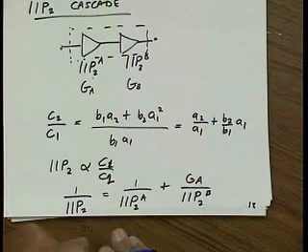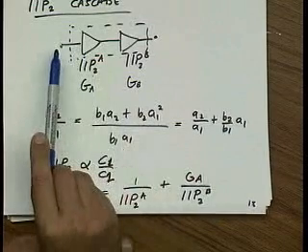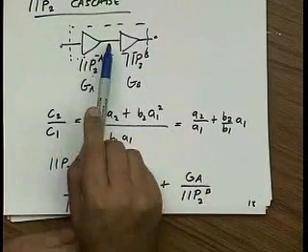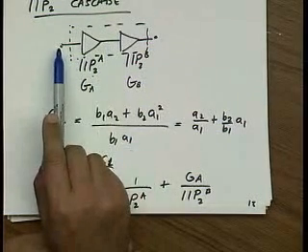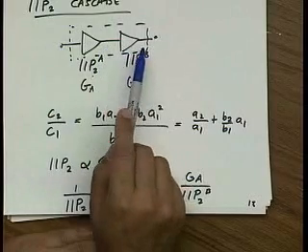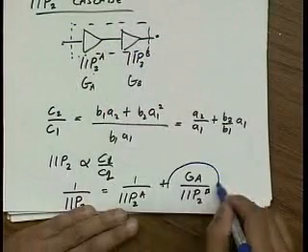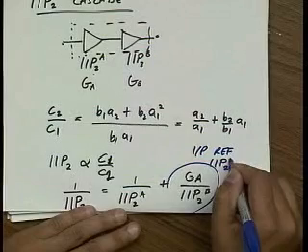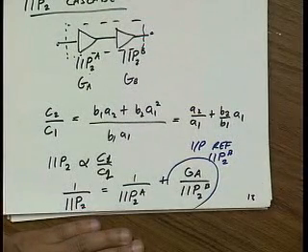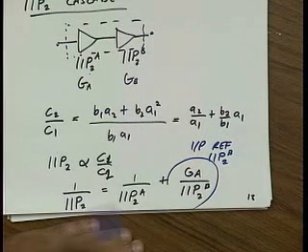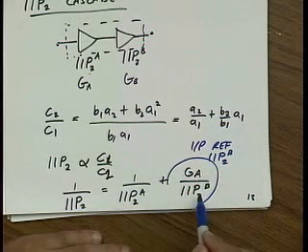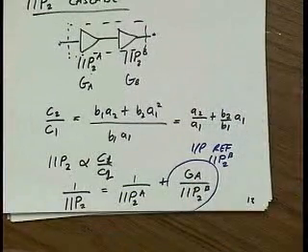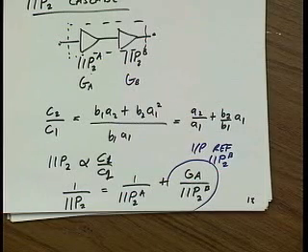Of course, I have to input refer it, right? Because the signal power is here. If I tell you that the intercept power is 0 dBm here, and I have 10 dB of gain, then an input of minus 10 dBm will generate the IP2 point, right? So this is simply the input referred IP2 of amplifier B. And if you're in a situation where the second amplifier input referred dominates, right? Let me give you an example. All right, before I give an example, any questions about this derivation?